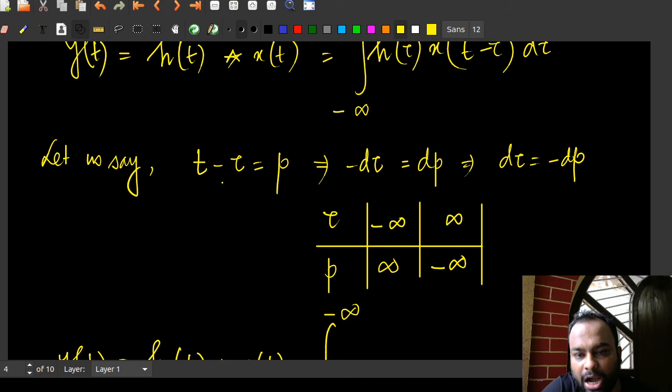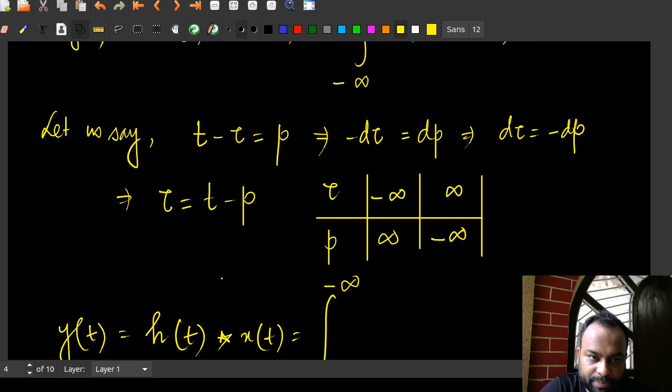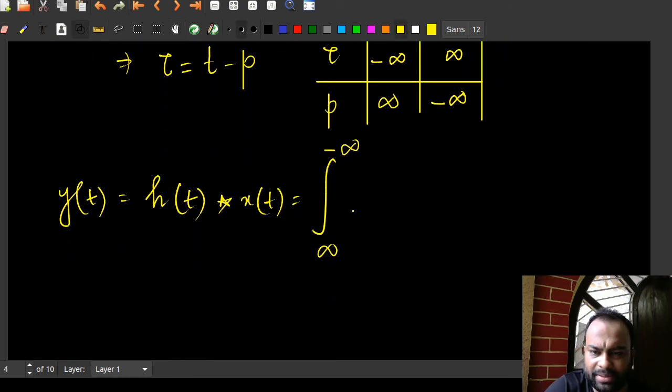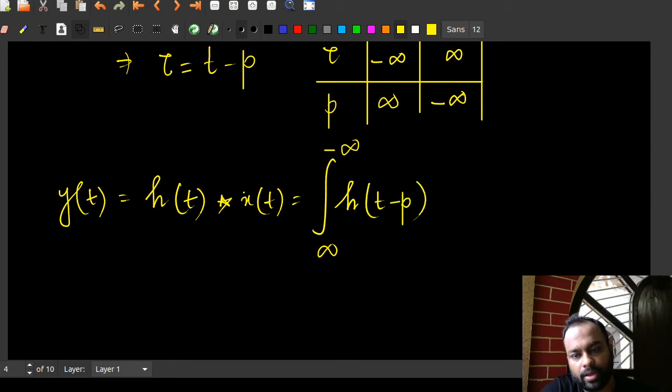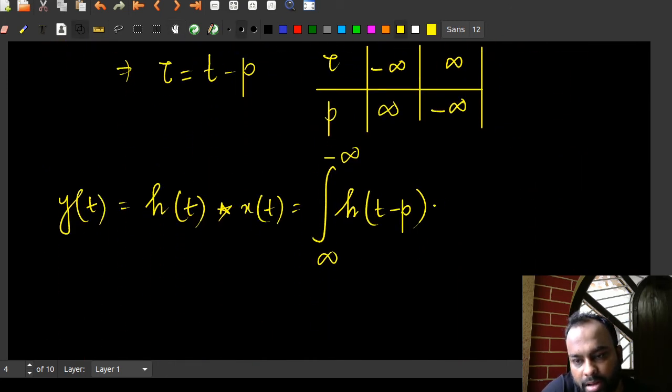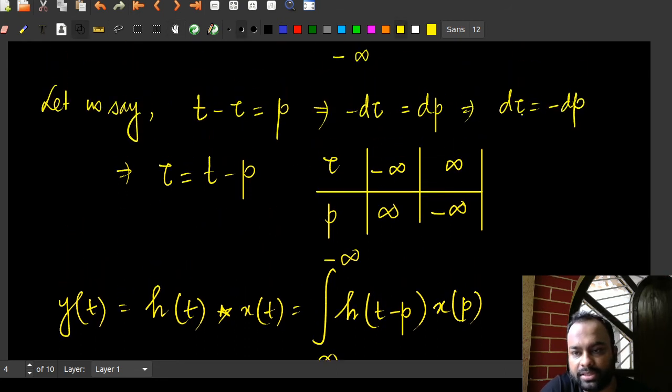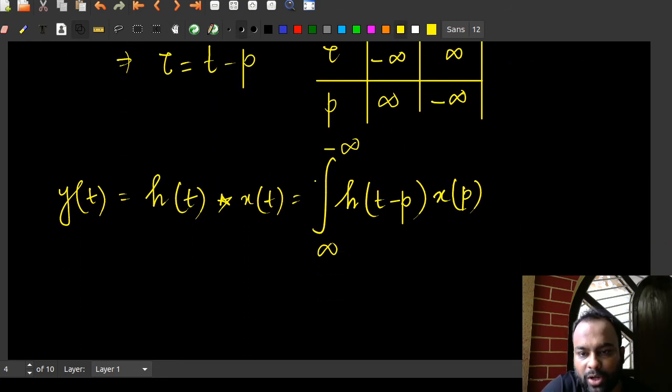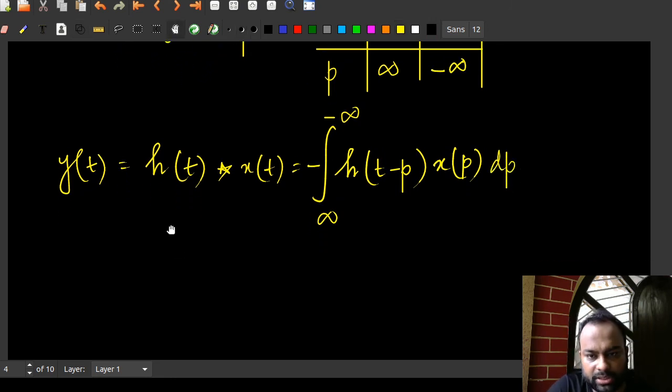Look carefully: instead of h tau, we have tau equal to t minus p, so I have h t minus p, and instead of t minus tau, I have p, so xp, and I have minus dp, because d tau is minus dp. I don't think there is an issue with this.